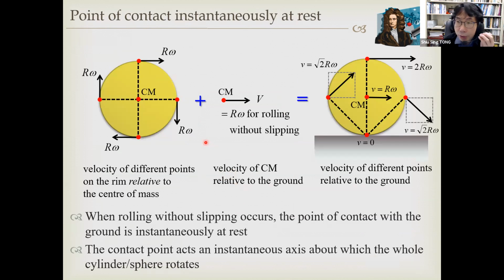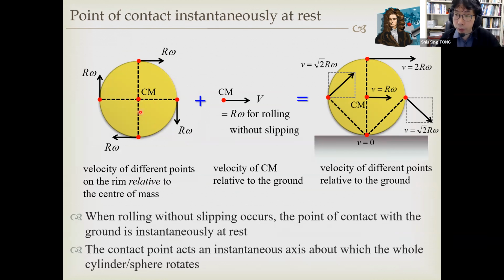Now we can also think of the rolling body, a body that rolls without slipping on the horizontal surface, as a combination of two motions. The first motion is that the body rotates about its center of mass with angular velocity omega.